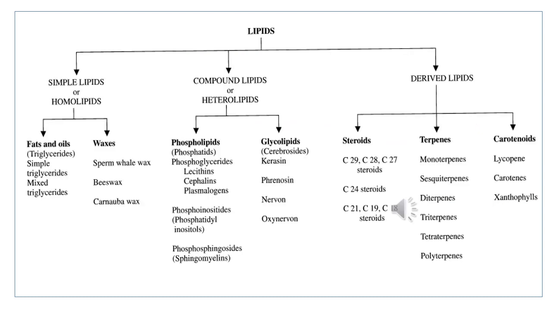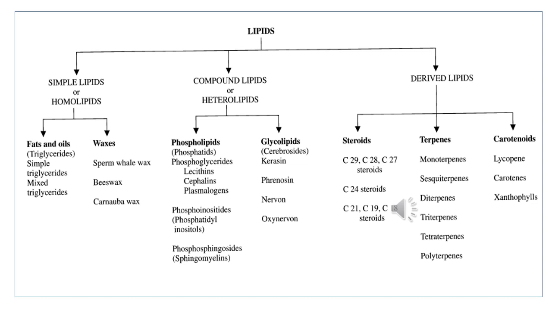The lipids are classified majorly into simple lipids, compound lipids, and derived lipids. The simple lipids are otherwise called homolipids. They are classified as fats and oils, and waxes. The compound lipids are otherwise called heterolipids. They are classified as phospholipids and glycolipids.